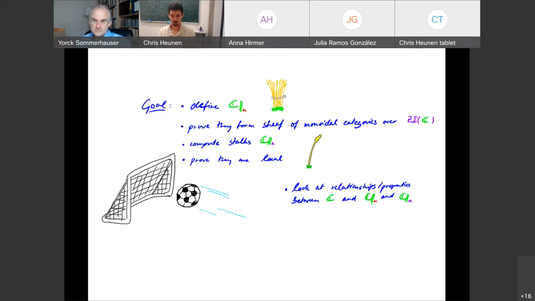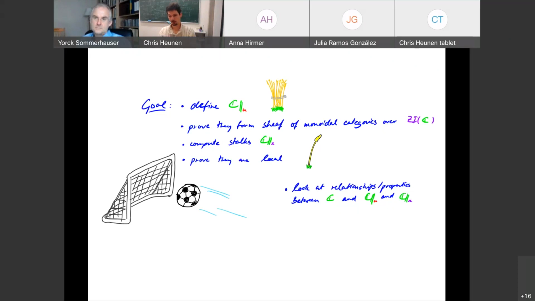I'm going to prove that they form a sheaf of monoidal categories over the central idempotents. And that defines a sheaf. And once we have a sheaf, we just compute the stalks. I will define the stalks and show that they have the right property of going smaller and smaller. And we're going to prove that they are local, because that's what it means for a sheaf to be a sheaf of local monoidal categories.